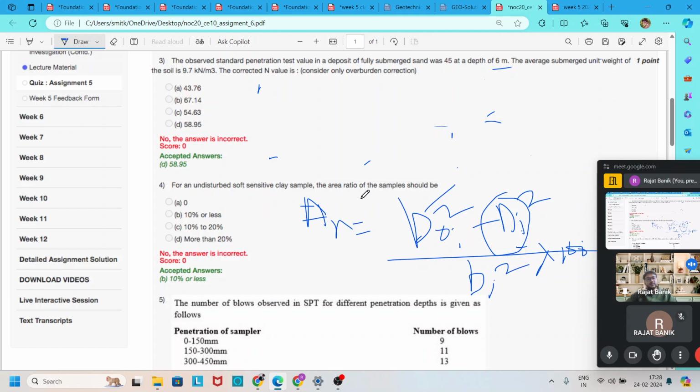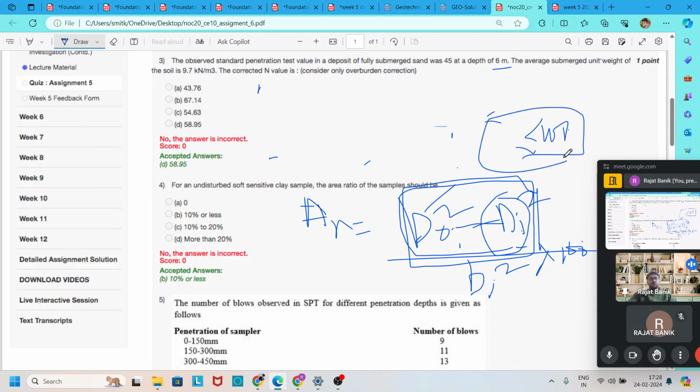So for an undisturbed sample, this difference should be minimal, and it should be 10% or less. That means our area ratio should be less than 10% for getting the undisturbed soil sample. So our correct option is option B.